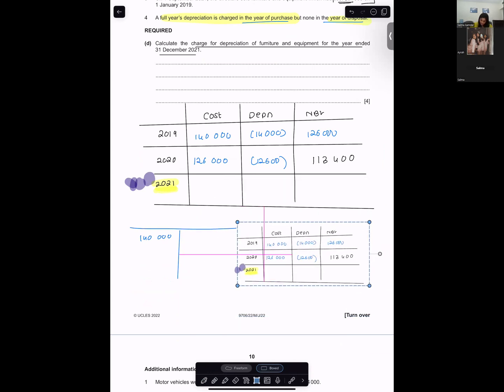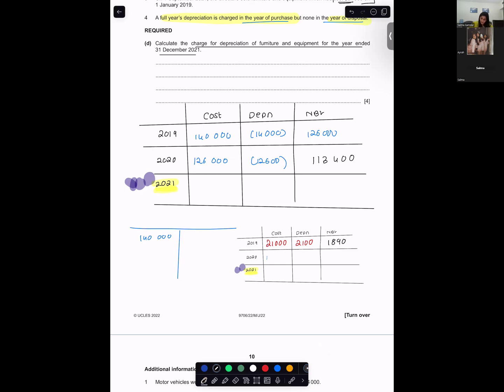Come on, tell me the working. 21,000 will be the cost. Depreciation will be 2,100. Then net book value will be 18,900.